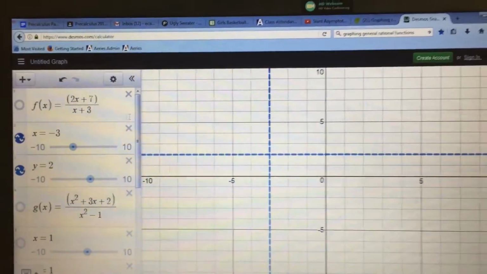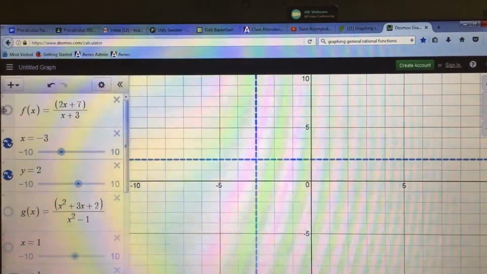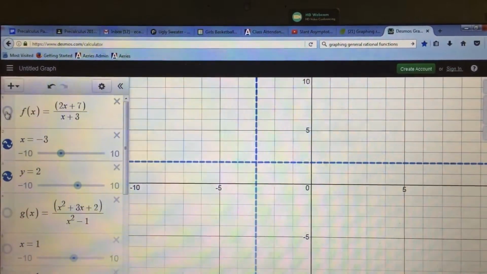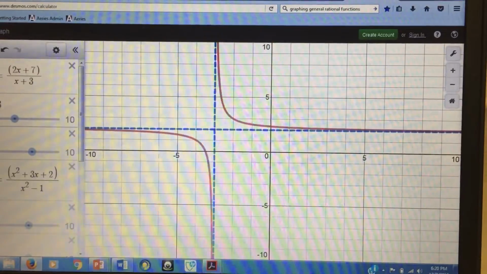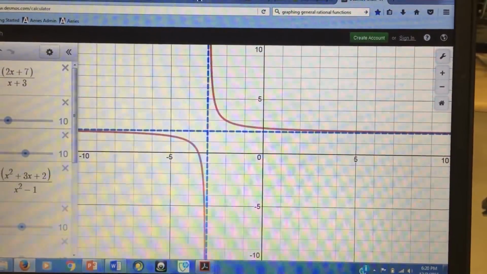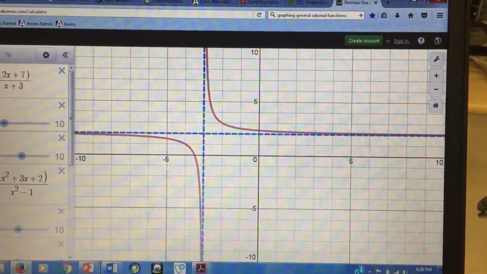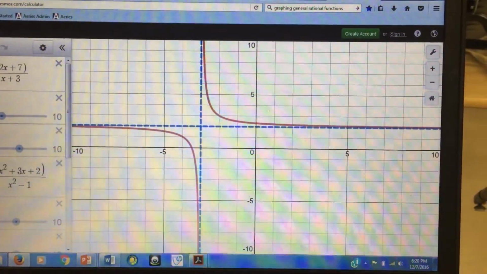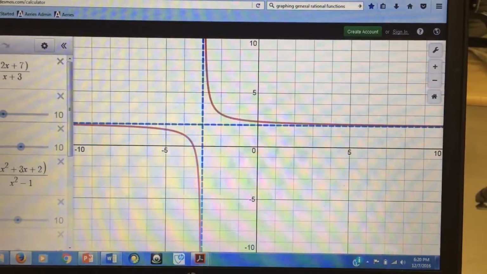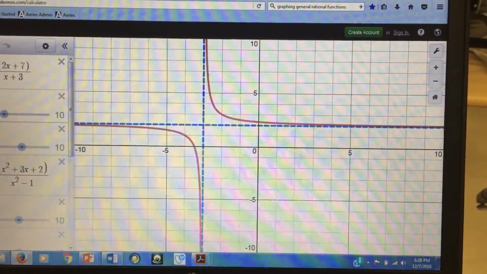So I plot those points, and I can always plug in some other points to the right and left. But here's what my graph is going to look like. So notice that my graph kind of hugs and curves around your asymptotes. So take a moment to pause if you want to pull this up onto your Desmos.com to see what it looks like yourself. That's fine.